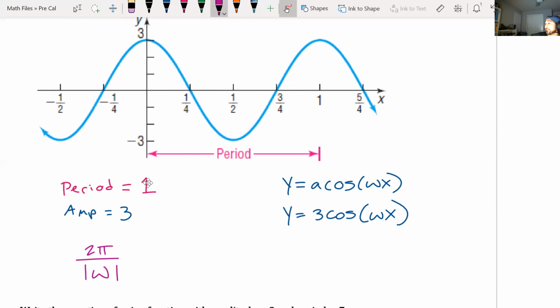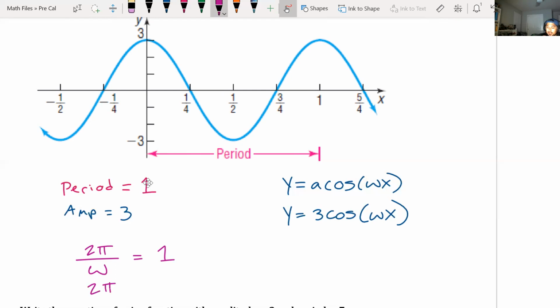If they're giving us that the period is 1, then you take 2 pi over omega and set it equal to what number? 1. And solve for omega. All you have to do is multiply omega to the other side.